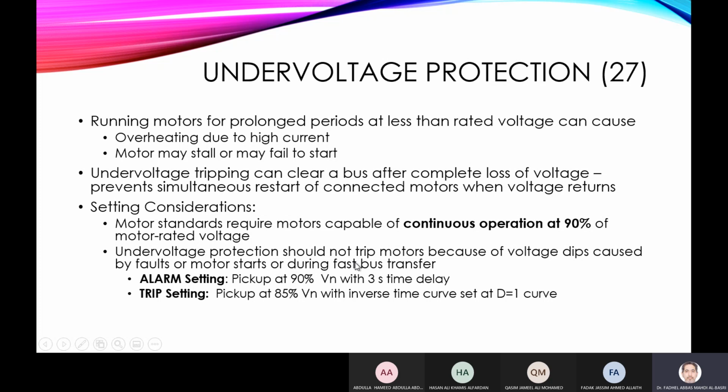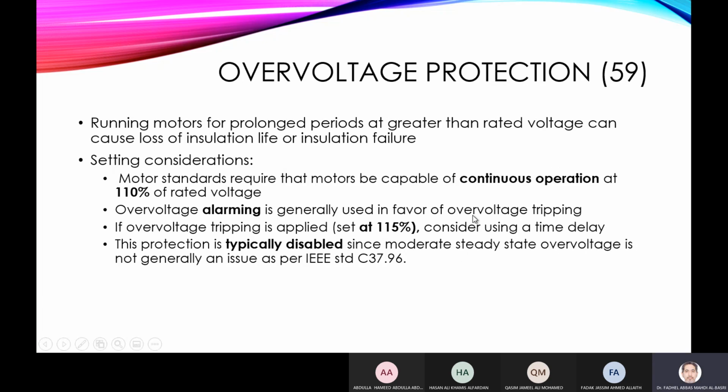Some motors you can transfer as long as the voltage does not dip, because of the motor magnetism, so it will take time. So you have to transfer before the motor speed drops below a certain level. So this is a calculated, design-dependent setting.